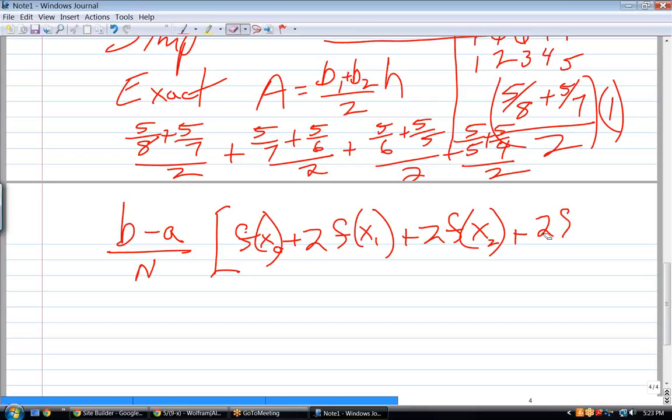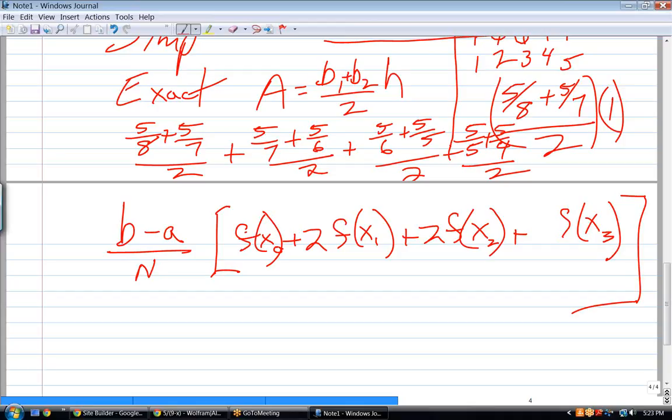So in our case, the fourth one is f of x sub 3. So there's the formula for the area using the trapezoidal rule.